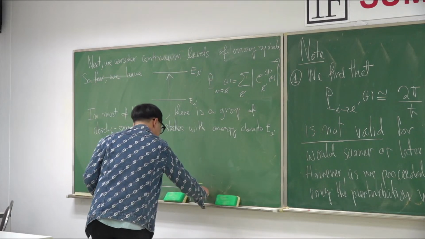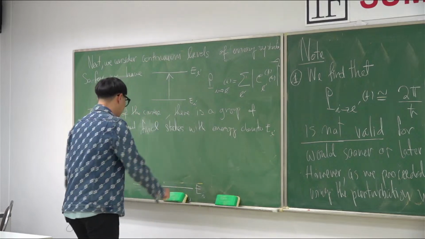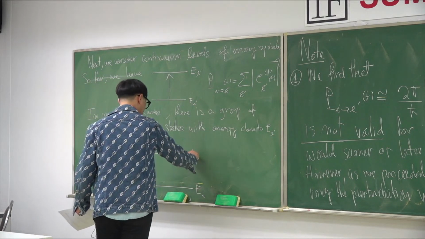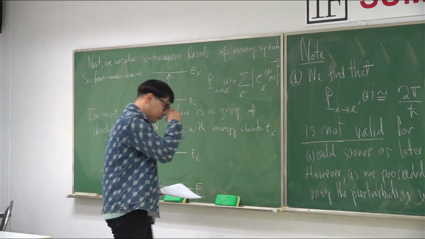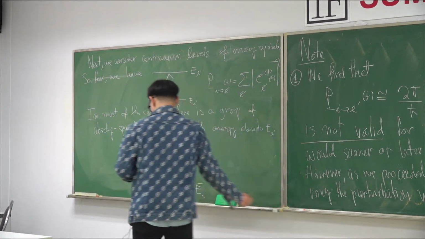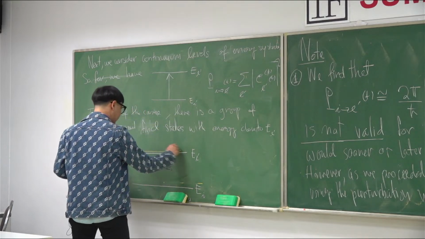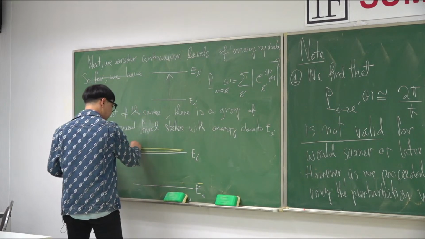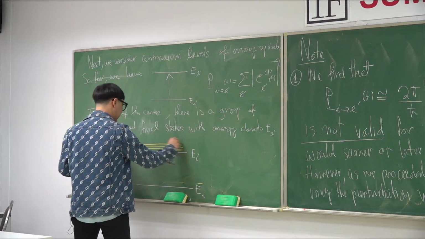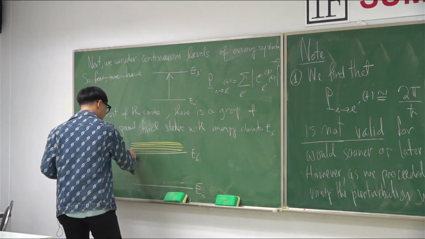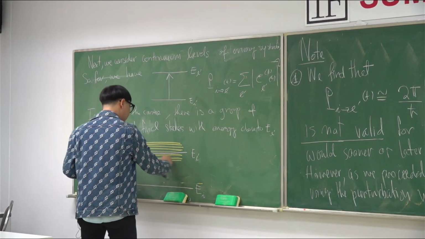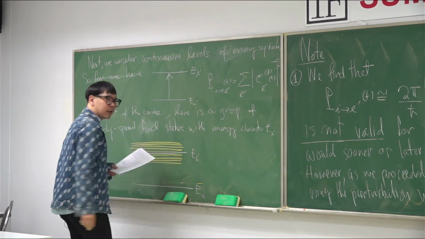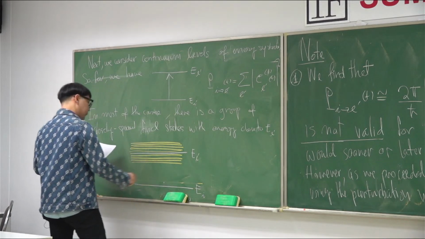Suppose that this is your E_i and this is your E_l prime, then you will get something like this. You will get a strip of energy that actually surrounds this E_l, okay? Right.